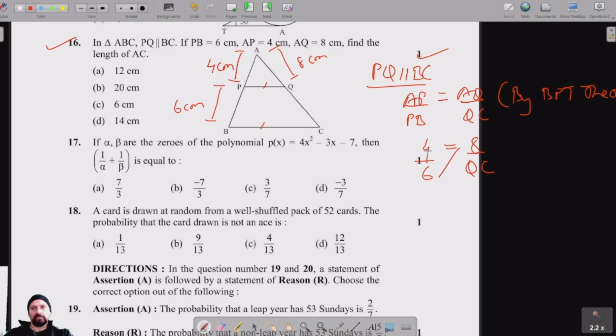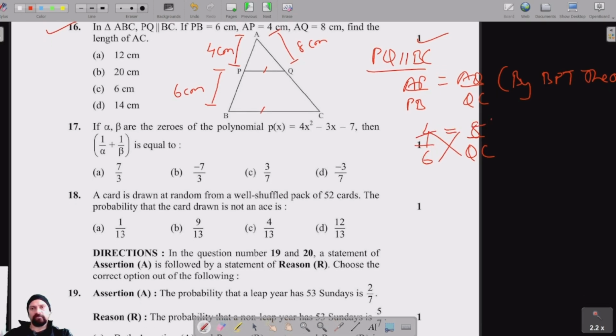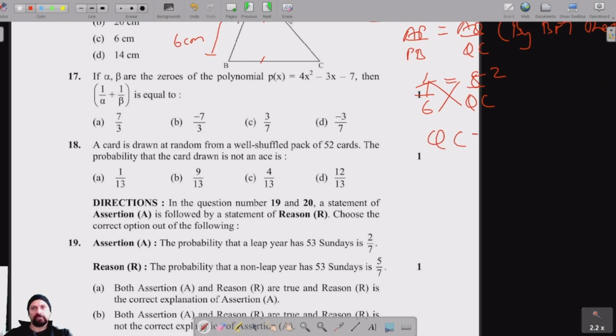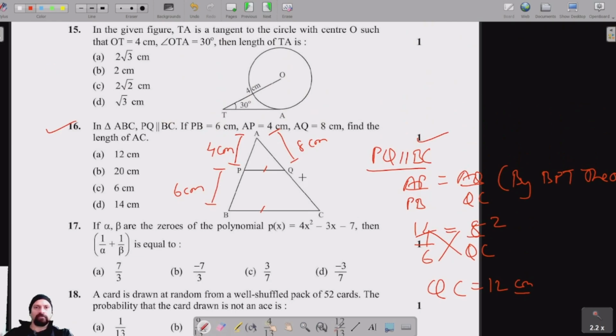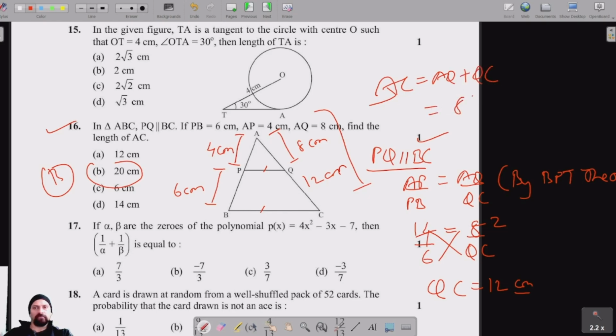So let's cross multiply this. This gives QC is equal to 12 centimeter. But we have to find AC, which is AQ plus QC, which is 8 plus 12, equal to 20 centimeter. So option B.